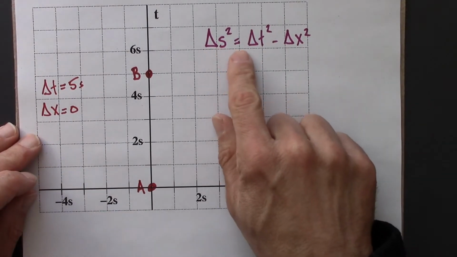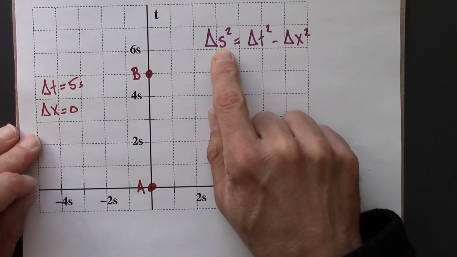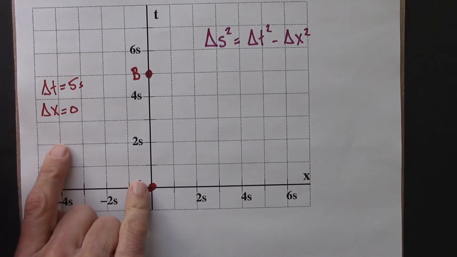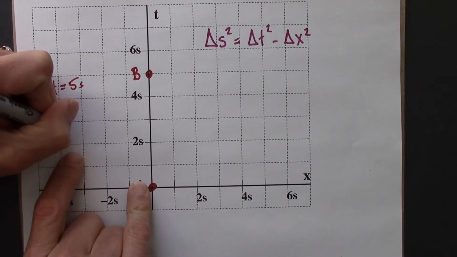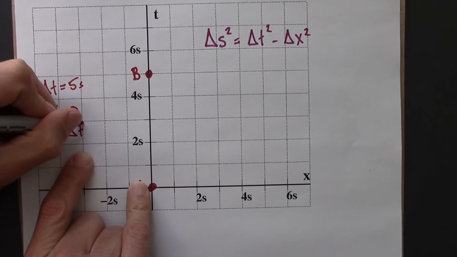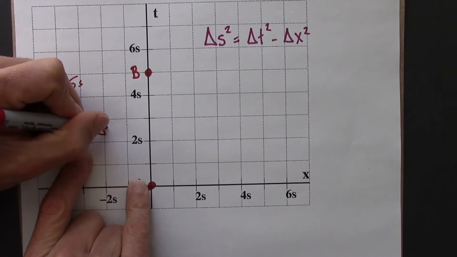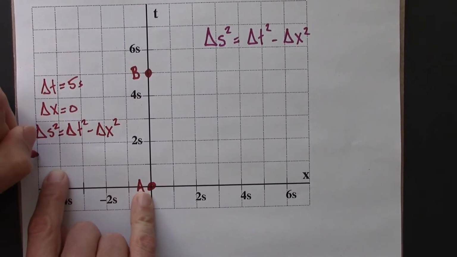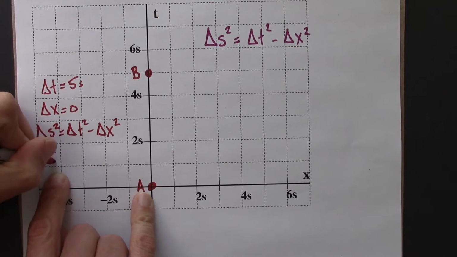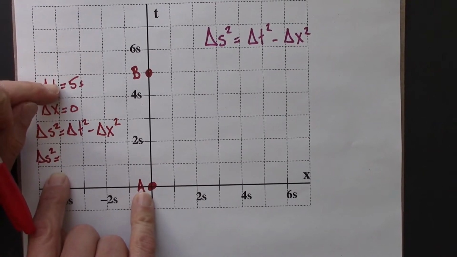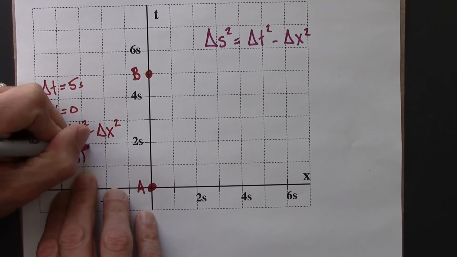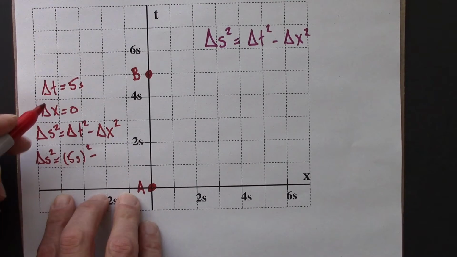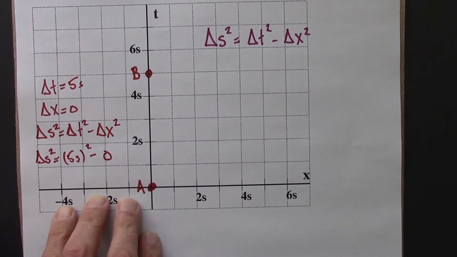So I can plug in here to find delta s. Delta s squared is delta t squared minus delta x squared. Delta t is 5 seconds squared, and delta x is 0.